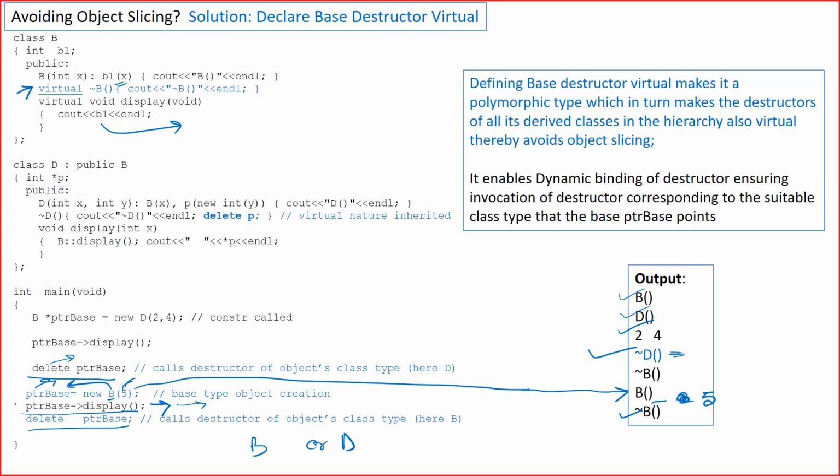Everything is trivial here, because the pointer base type is also base type, and the B object is also base type object. So this is trivial base type object creation, but you understand this thing, right? How this object slicing is avoided.